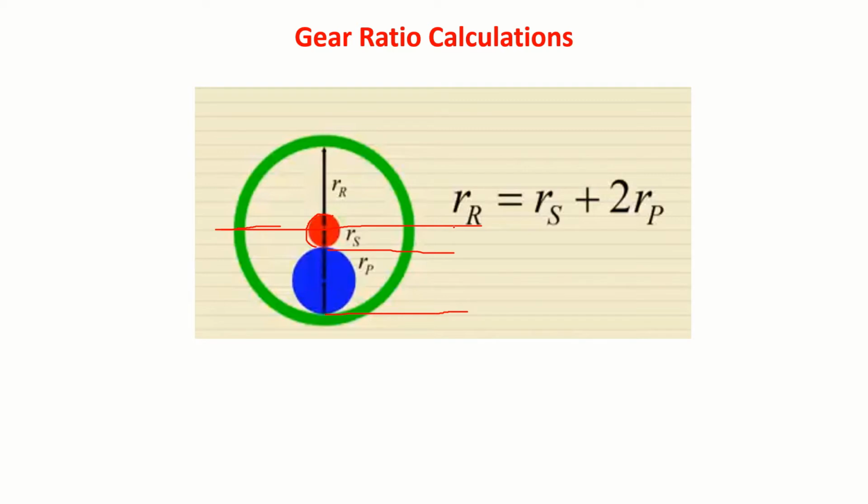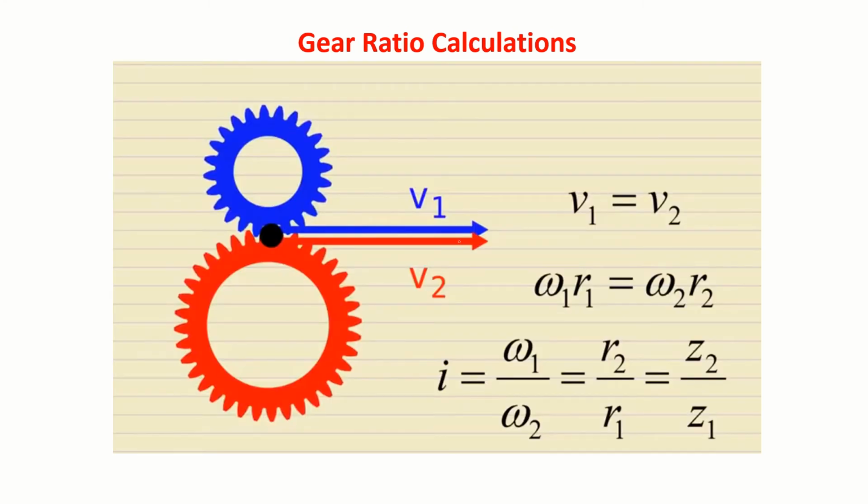That is nothing but the radius of the ring gear. So the radius of the ring gear is equal to Rs plus 2Rp, I can write. Now, as I mentioned already, this equation I derived, V1 must be equal to V2, and the speed ratio omega 1 by omega 2 is equal to R2 by R1 is equal to Z2 by Z1. We have already derived this equation.